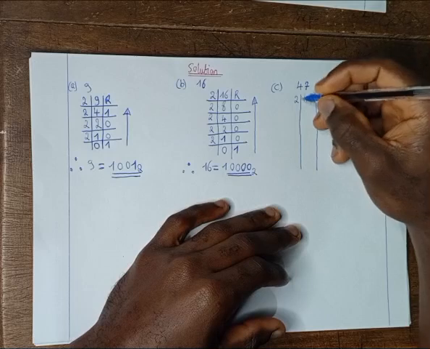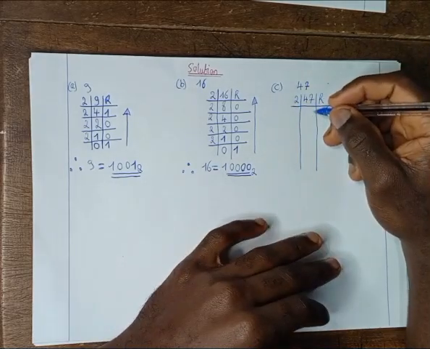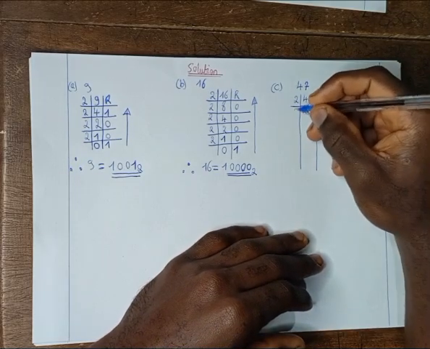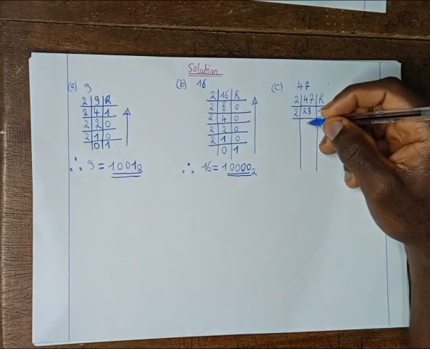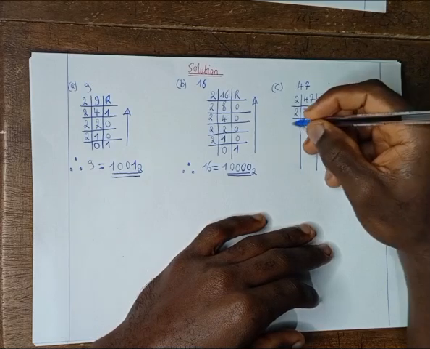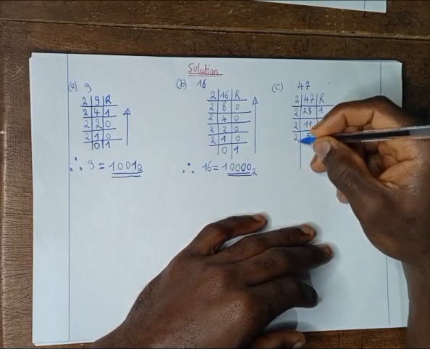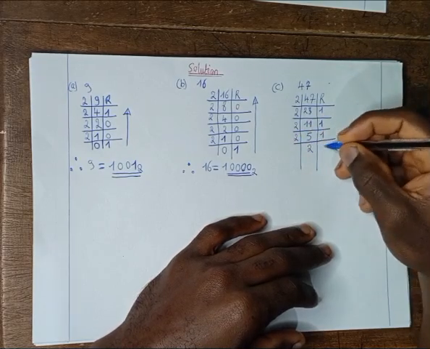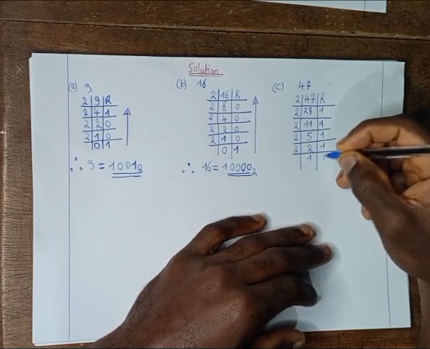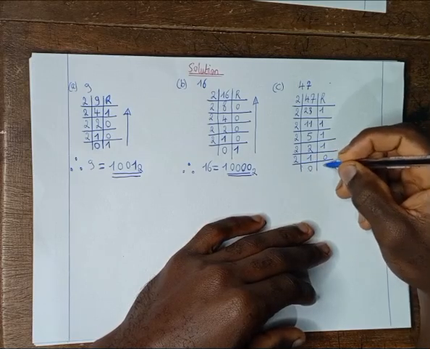Then the third, we have the remainder. 47 divided by 2 gives us 23, remainder 1. 23 divided by 2 gives us 11, remainder 1. 11 divided by 2 gives us 5, remainder 1. 5 divided by 2 gives us 2, remainder 1. 2 divided by 2 gives us 1, remainder 0. 1 divided by 2 gives us 0, remainder 1.